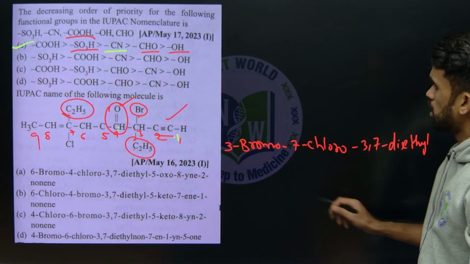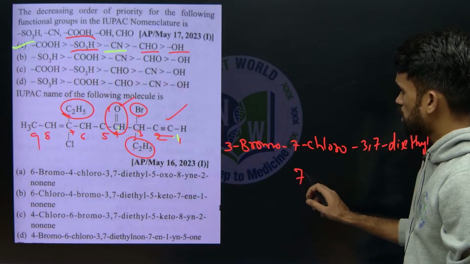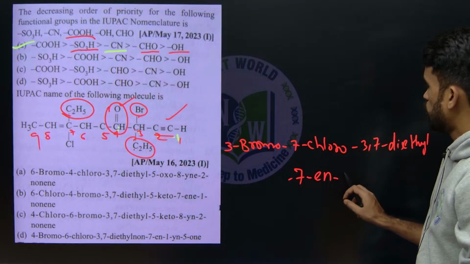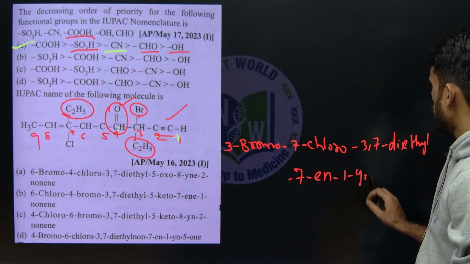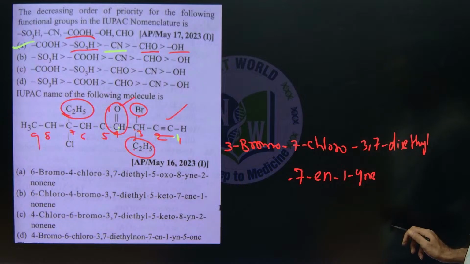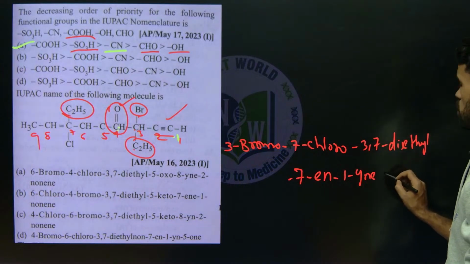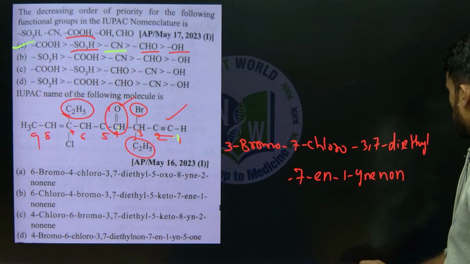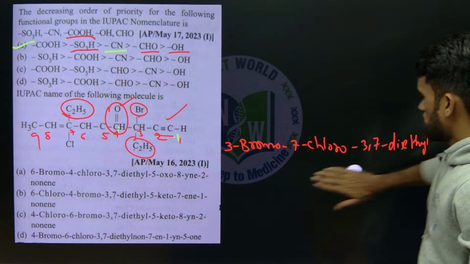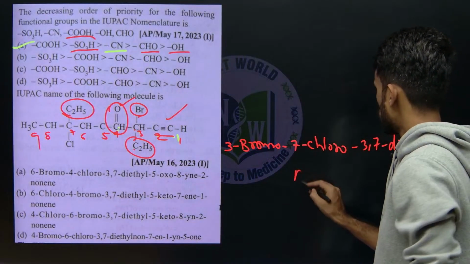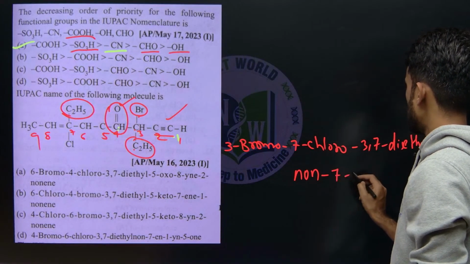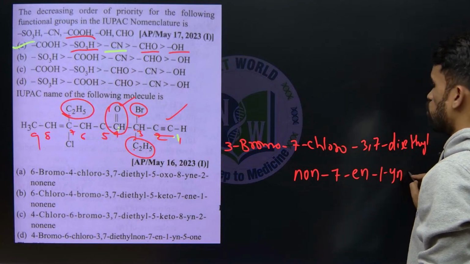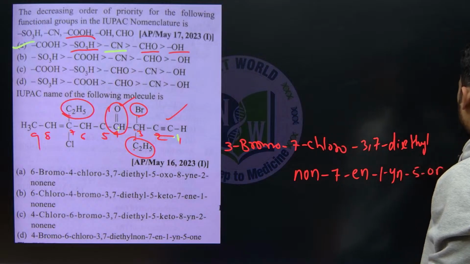Diethyl, 7 ene and 1 yne, so just diethyl nonane, 7 ene 1 yne 5 one. This will be the name of this compound.